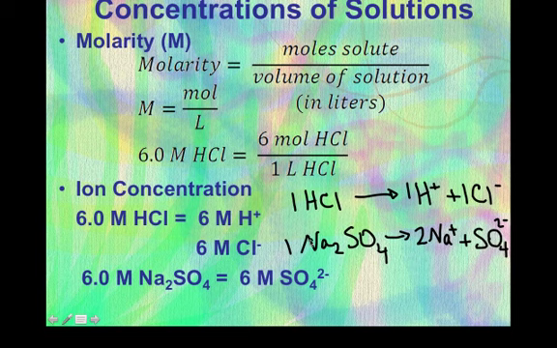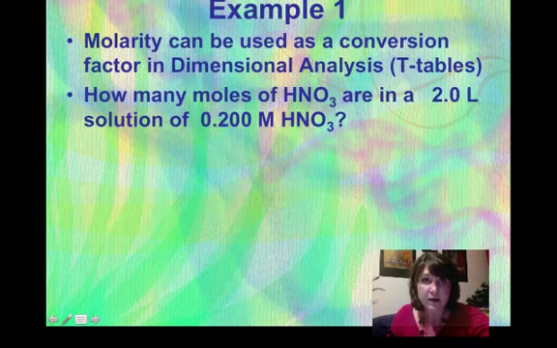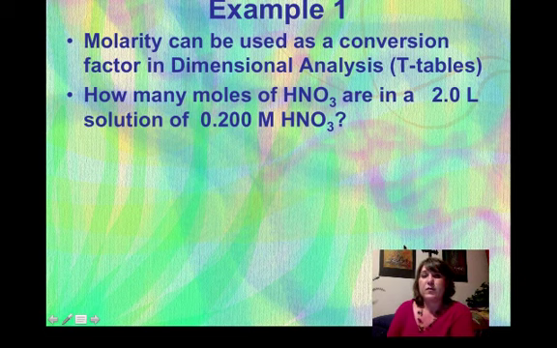So that means in 6 molar sodium sulfate I get 6 molar sulfate ions, but my sodium ions are going to be 12 molar sodium ions because I get twice as many sodiums as I do sulfates. Okay? Pay attention to your stoichiometry. It will sure help. Okay, let's do an example.